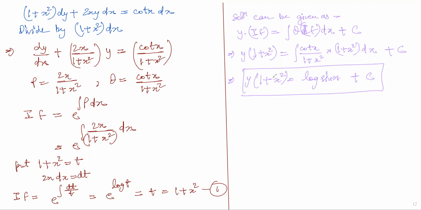So what is the value of P in ninth? What is the value of P and Q for ninth question? So it's coming as 1 by x plus cot x. Yes, 1 by x plus cot x.